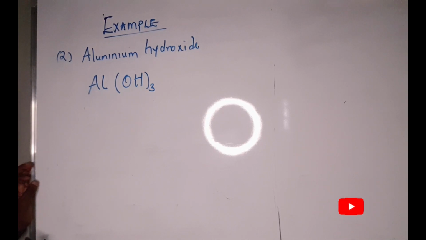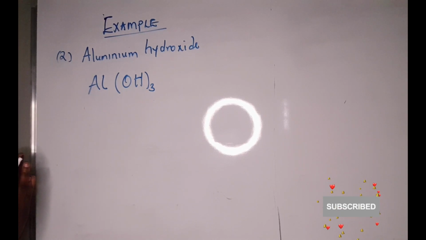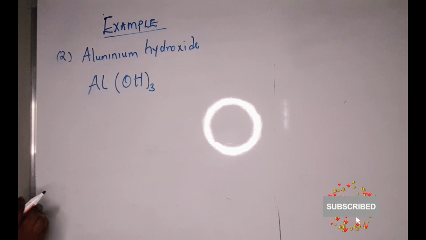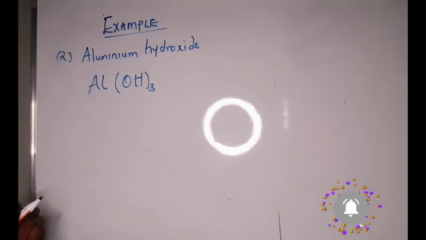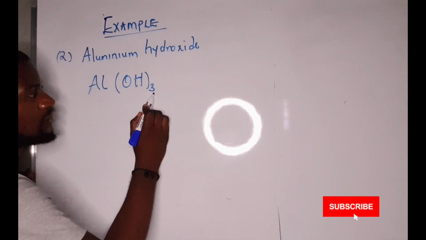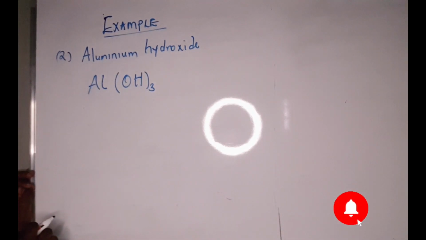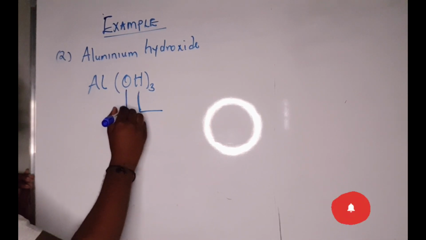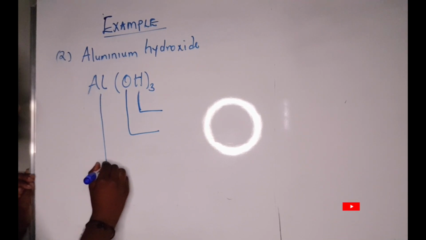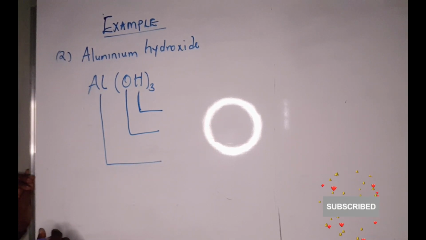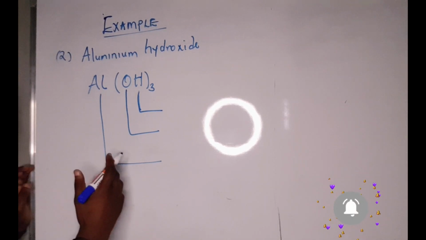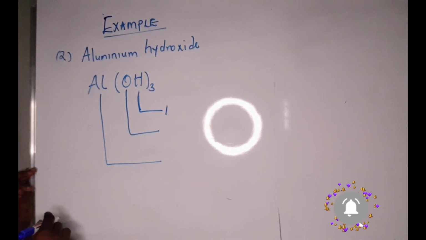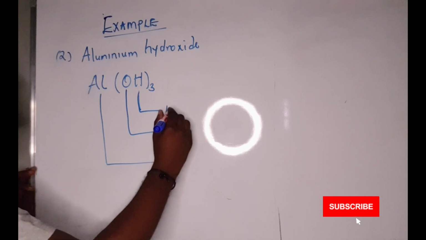In aluminium hydroxide, there is 1 atom of aluminium, 3 atoms of oxygen, and 3 atoms of hydrogen. This subscript 3 is for everything that is in the brackets. So we begin by determining for hydrogen, then oxygen, then aluminium. The relative atomic mass for hydrogen is 1, multiplied by the number of atoms, which is 3.